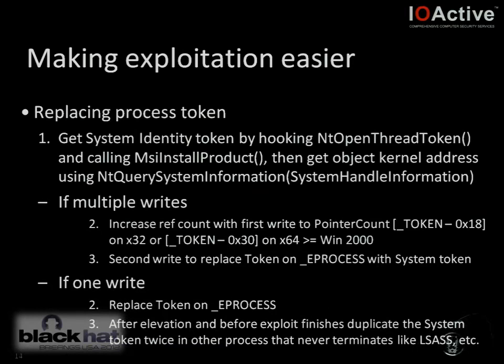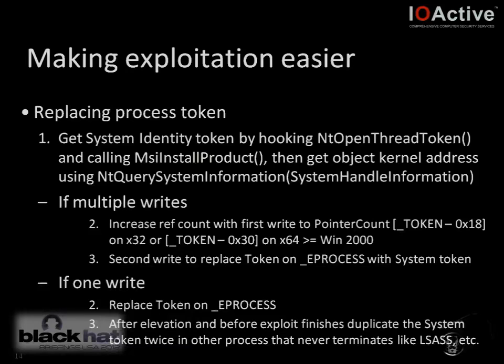In this case, there is an API called MSIInstallProduct. So from a low privilege process, you can call that API. You will need to hook NtOpenThreadToken in order to know where the token is opened and avoid that token being closed by your process. So you make a copy of that token, and you get a system identity token available for your use.